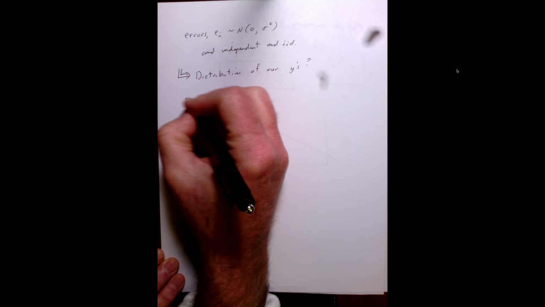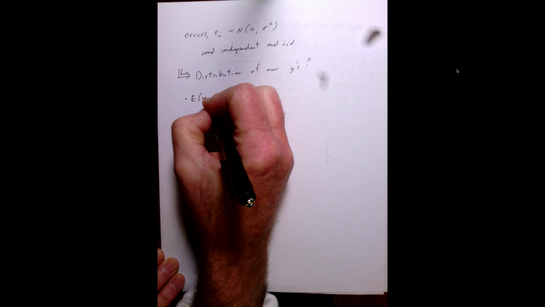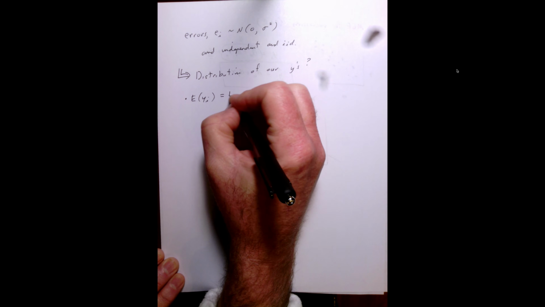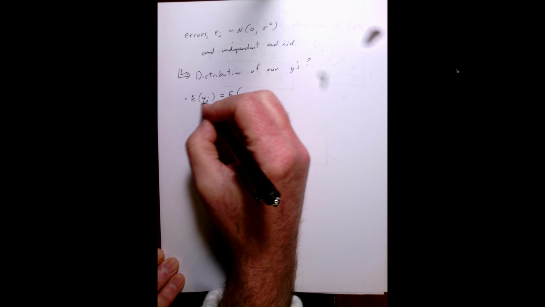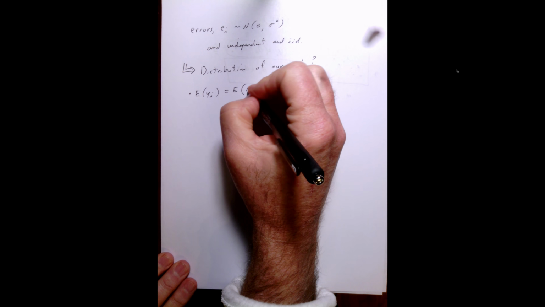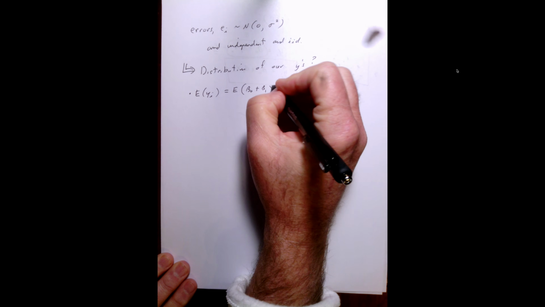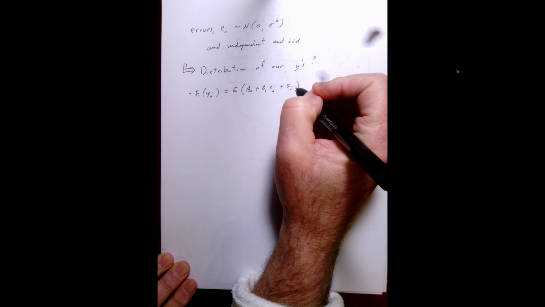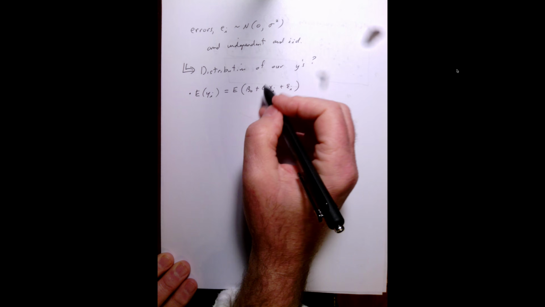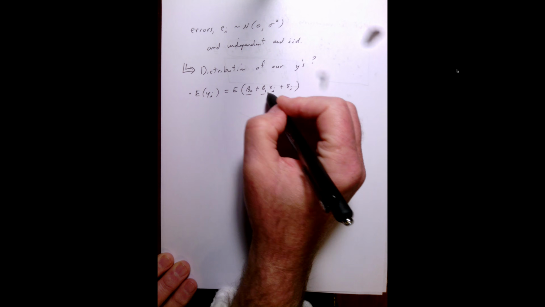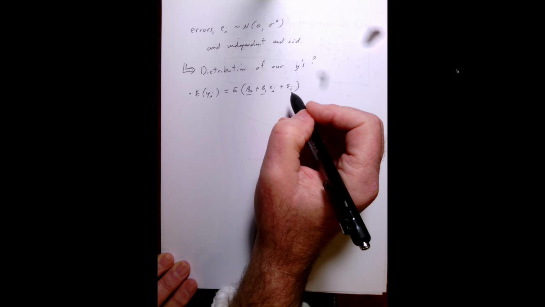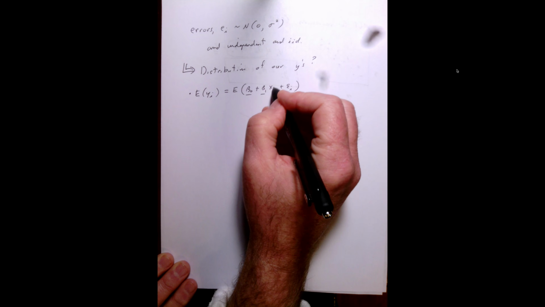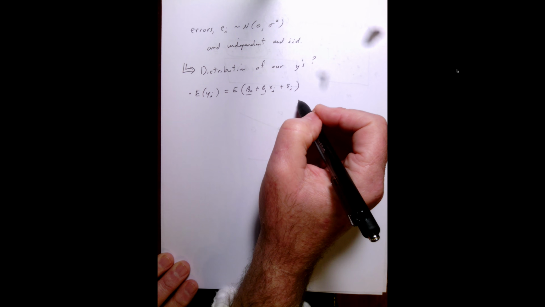So the first thing I'd want to do is look at the expected value for the y sub i's. And of course, from previously, the y sub i's, again from back over here, is beta 0 plus beta 1 x sub i plus the error term. Now, beta 0 and beta 1 are parameter values, so we can just consider those to be constants. And the x sub i we consider to be a constant as well.